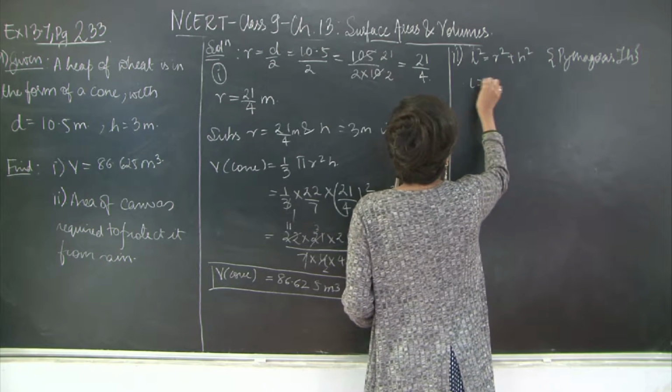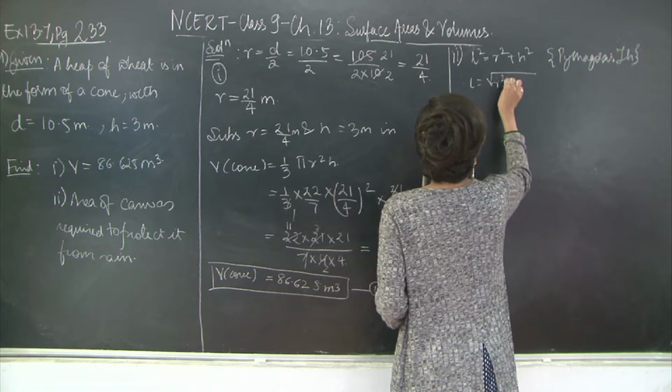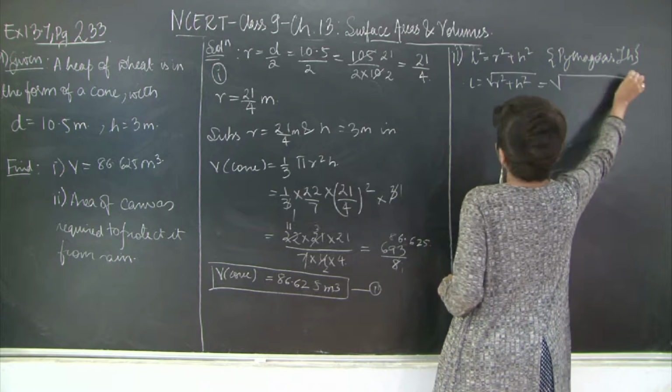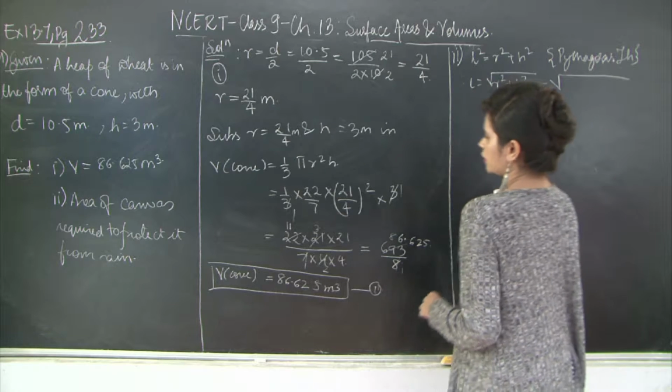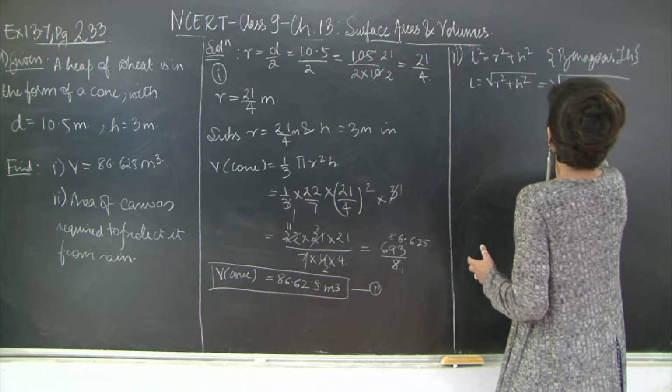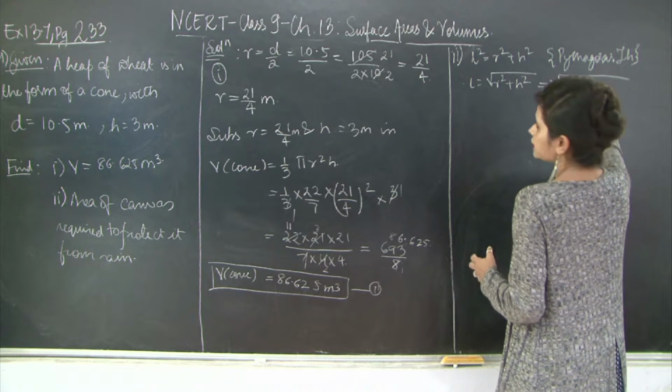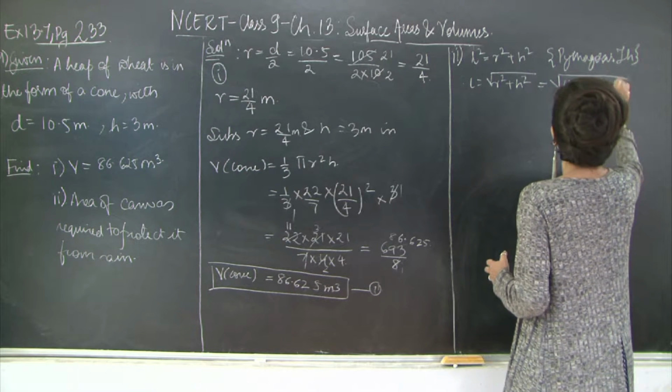Therefore, L is equal to the square root of r square plus h square, which is the square root of 21 upon 4 the whole square plus h square, which is 3 square.